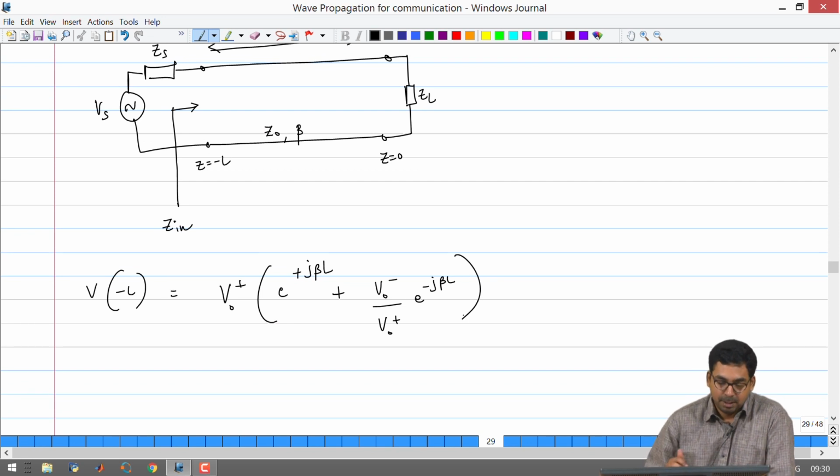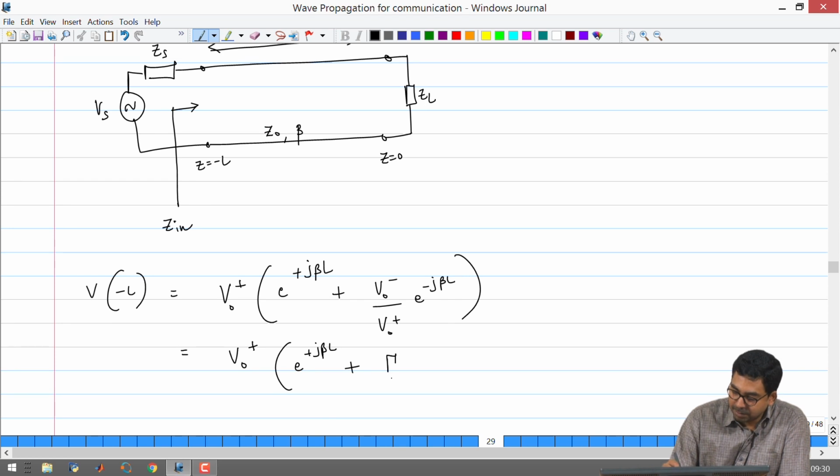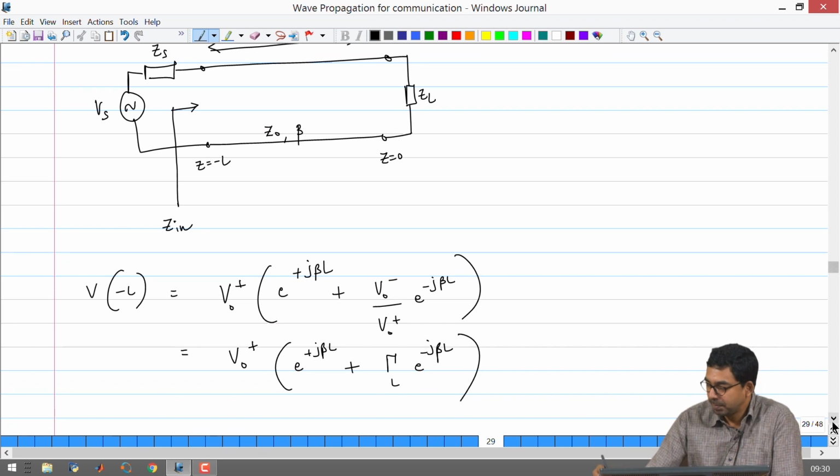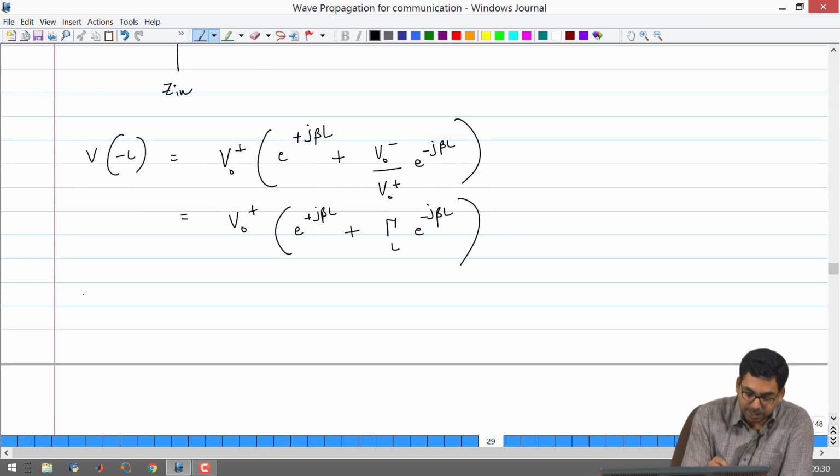This is the expression for the voltage, and I could be clearer and write this as V naught plus times e to the plus j beta L plus gamma L e to the minus j beta L, where gamma L is the load reflection coefficient.